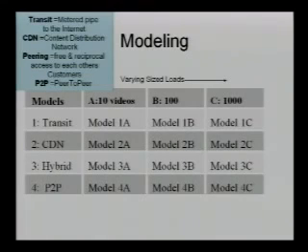The alternative to that would be to buy services from a Limelight or an Akamai or a BitGravity, a CDN player. The third would be a hybrid of transit in multiple locations and peering traffic at those multiple locations. And then the fourth is a peer-to-peer distribution model.